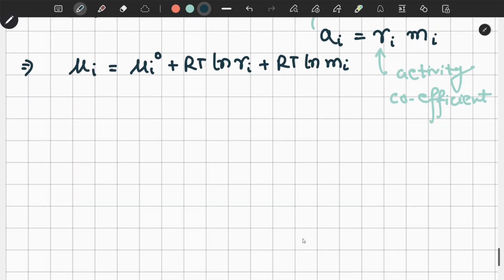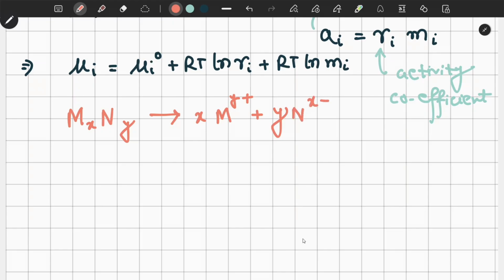Okay, let's take a general example, then it will be very clear. Let us take an ionizable salt. It will be dissolved like this.